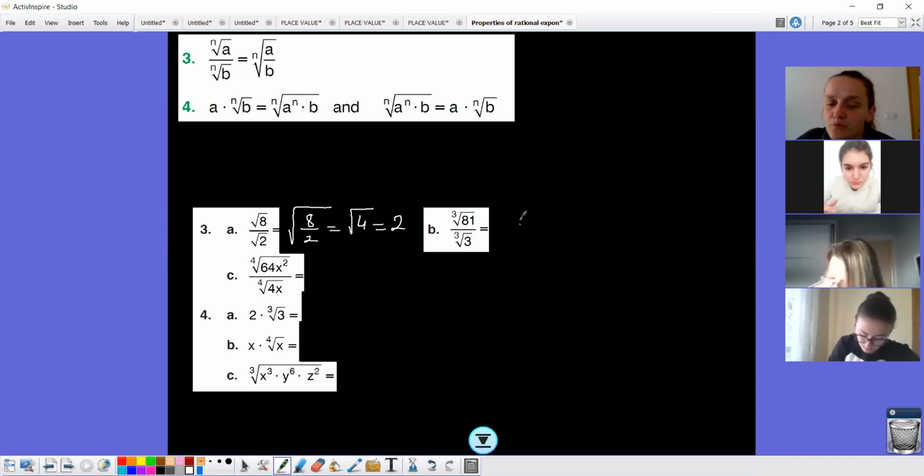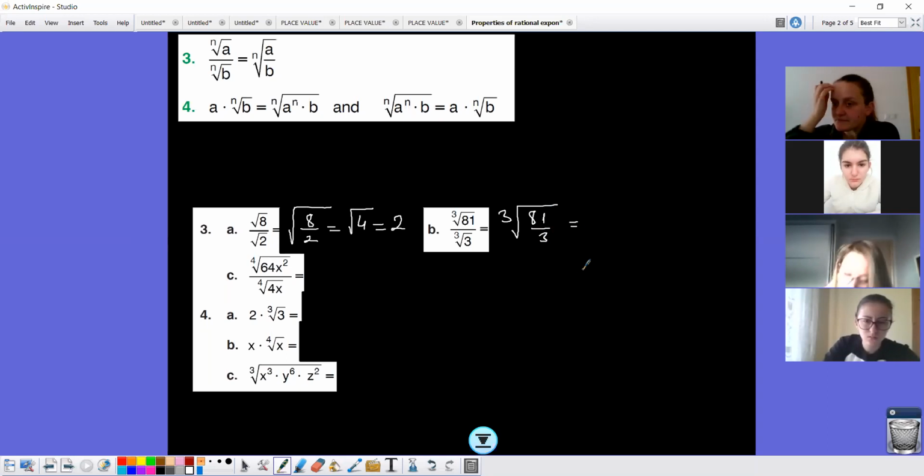Let's see in B what we have. We have cube root of 81 over cube root of 3. How can I write this one? Cube root of 81 over 3. What is 81 over 3? 27.